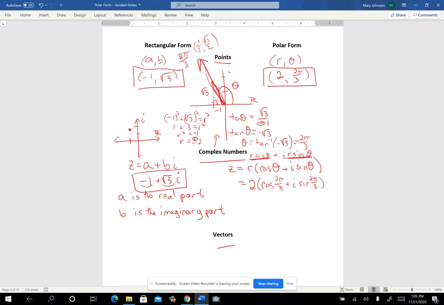Okay? All right, now some of the terminology I want you to know. The r that we had, that's called the modulus, and you represent it with the absolute value symbol. It's like the length of this right here.